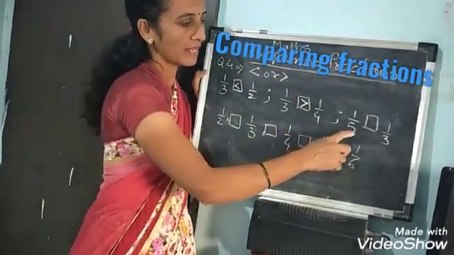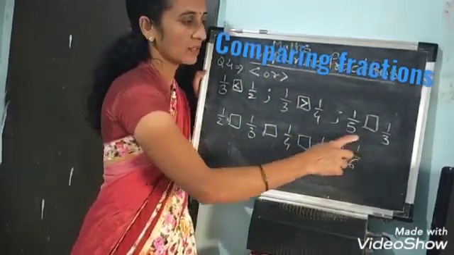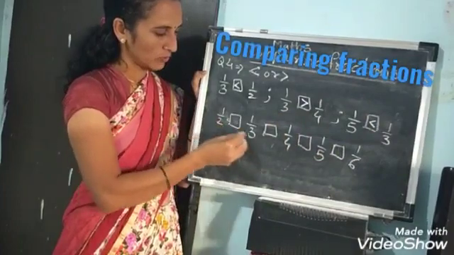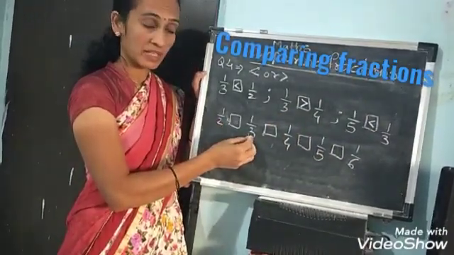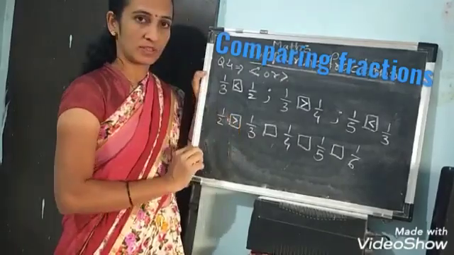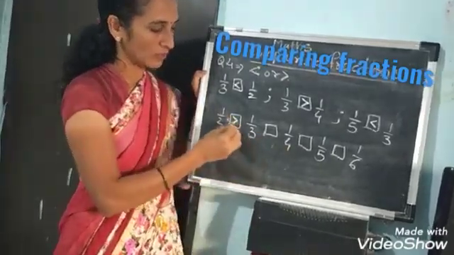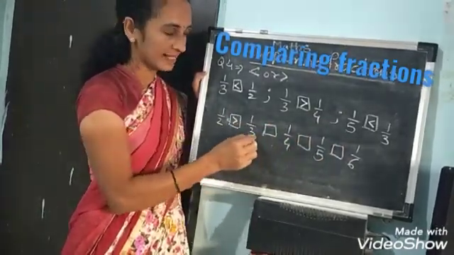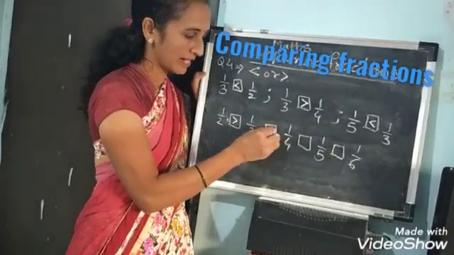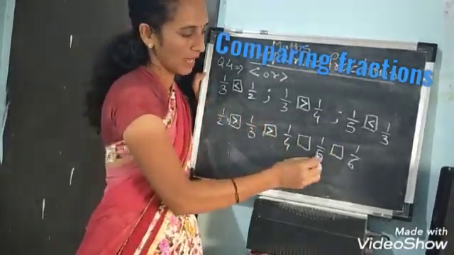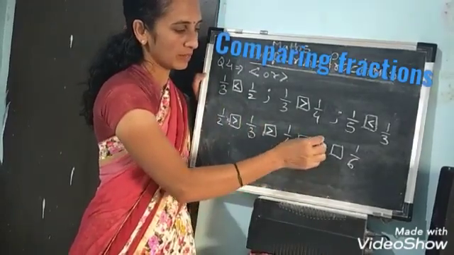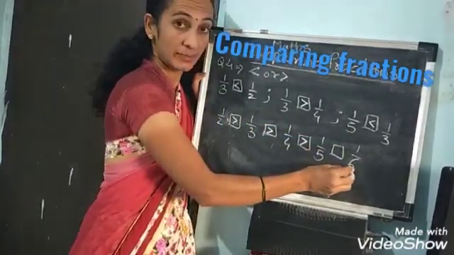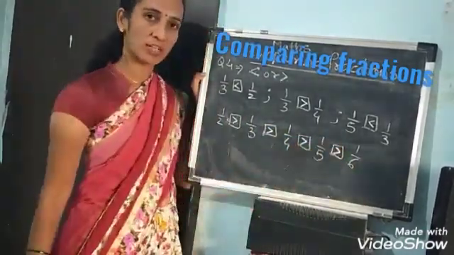Got it? Denominators 5 and 3: 5 is bigger, so this fraction is smaller. 2 and 3: 3 is bigger, but the fraction is smaller. 4 and 3: you have to compare these two, it is a chain. 3 and 4: 4 is bigger, but the fraction is smaller. 4 and 5: 5 is bigger, but 1 upon 5 is smaller. 5 and 6: 6 is bigger, but 1 upon 6 is the smaller fraction.